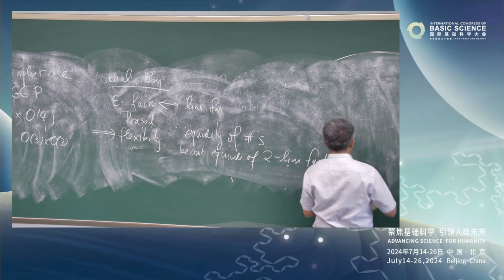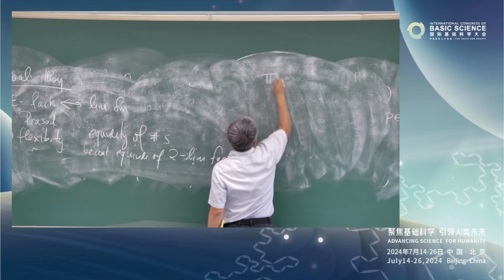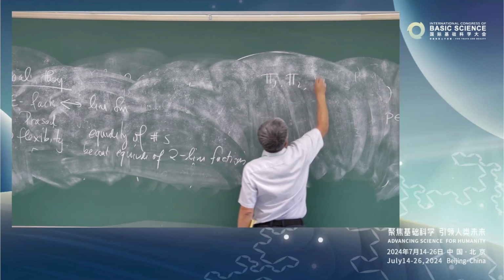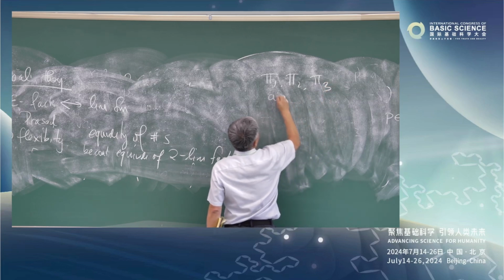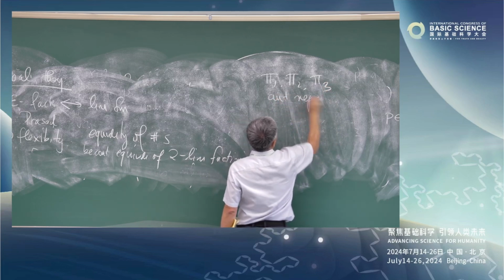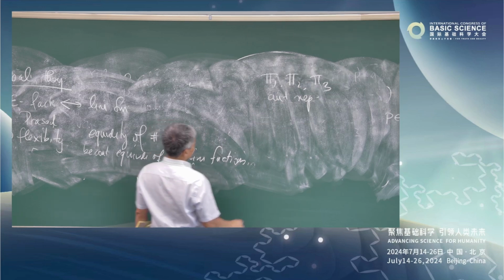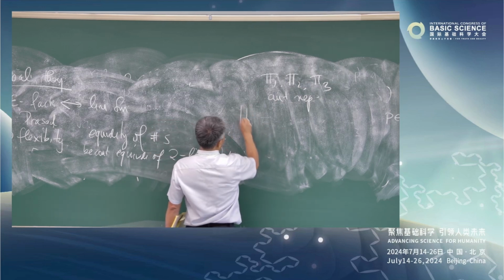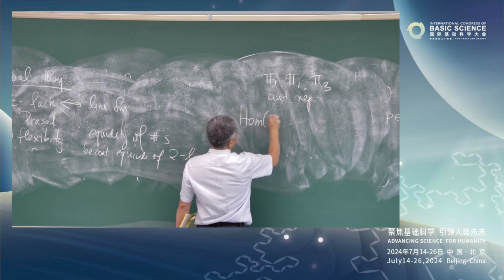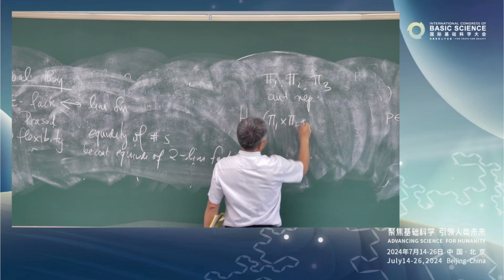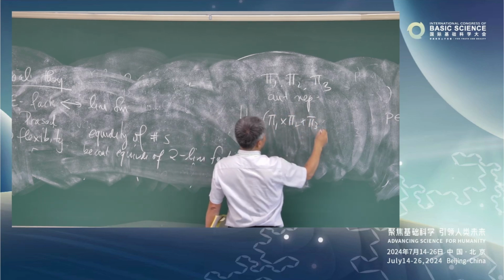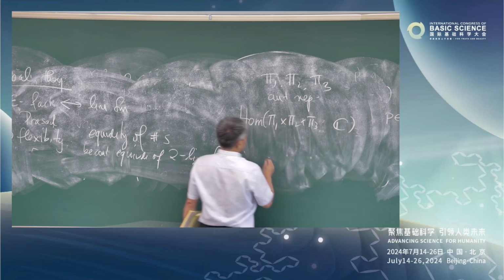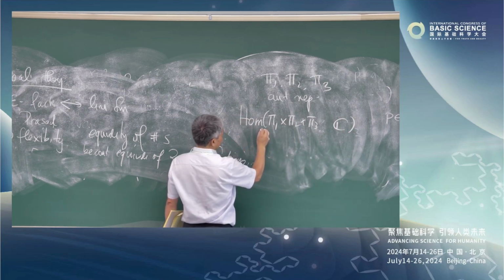So somehow you have three automorphic representations. So this is the first representation. Then you have pi 1, pi 2, pi 3, with respect to the diagonal.